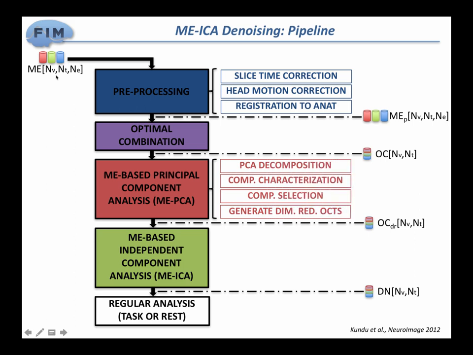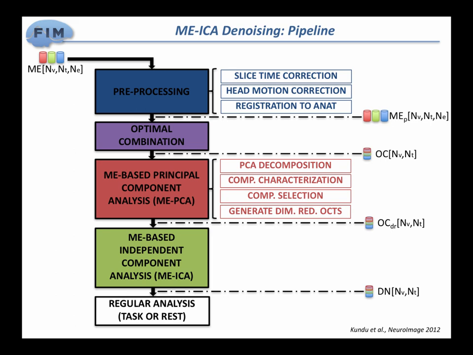Okay, so let's try to get a little bit into a few of these boxes. So here it is going to do a PCA decomposition. For the PCA components, it's going to characterize them, but not only in terms of the variance, because just the variance, as I said, is not always the best criterion here. So it's going to characterize them in terms of the kappa and the rho, and things that have either a high kappa or a high rho. At this point, we're just going to keep signal, so I don't care whether it's good or bad.